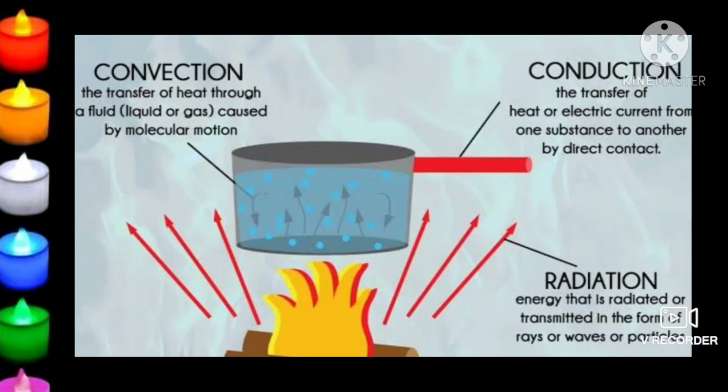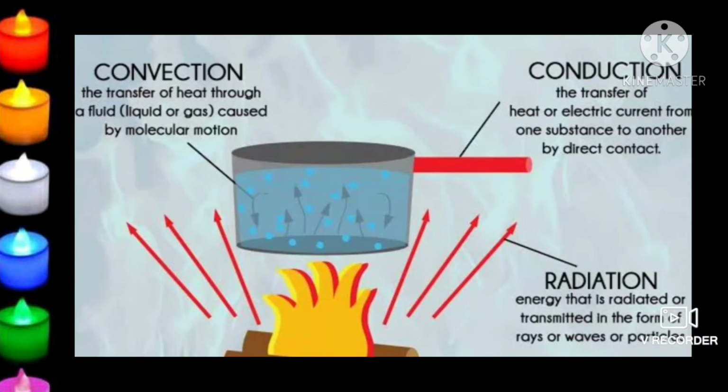Then we'll come to convection. Convection is the transfer of heat through a fluid, liquid or gas, caused by molecular motion. When we see the liquid flow inside the vessel, you can see the arrows. Some arrows are facing downwards and some arrows are facing upwards. This shows that when the molecules in the lower part of the vessel, that is liquid molecules, get heated, they move towards the colder region, and the colder molecules present on the upper surface of the vessel move back to the hotter region.